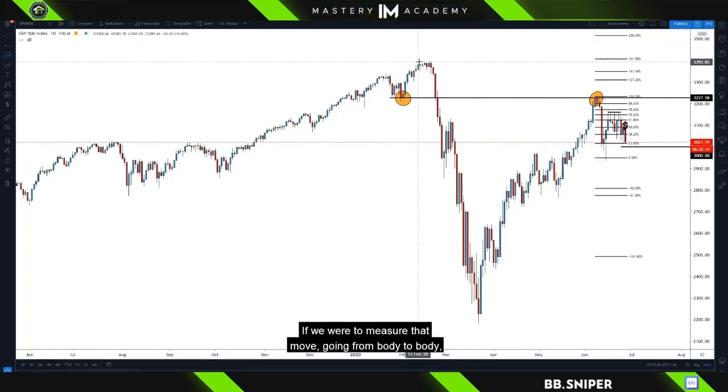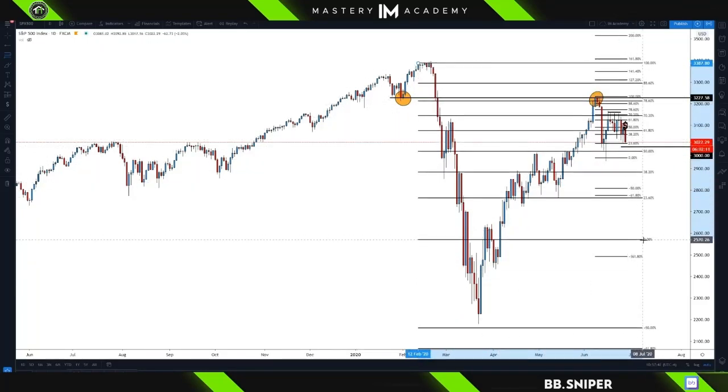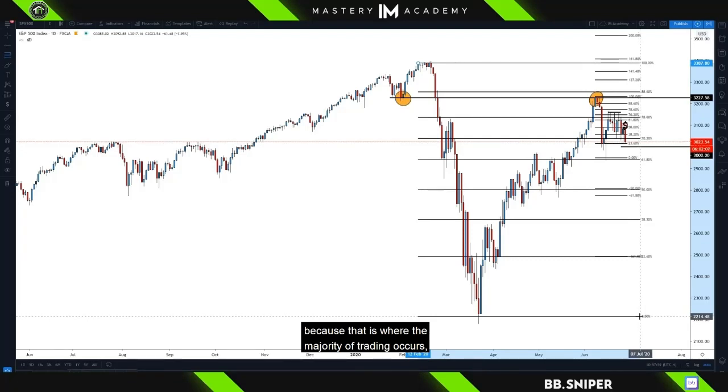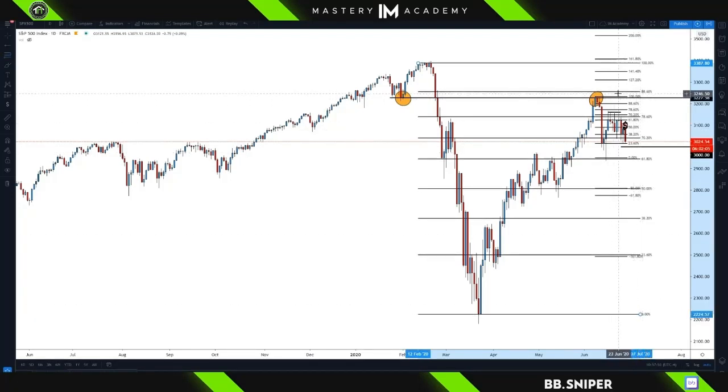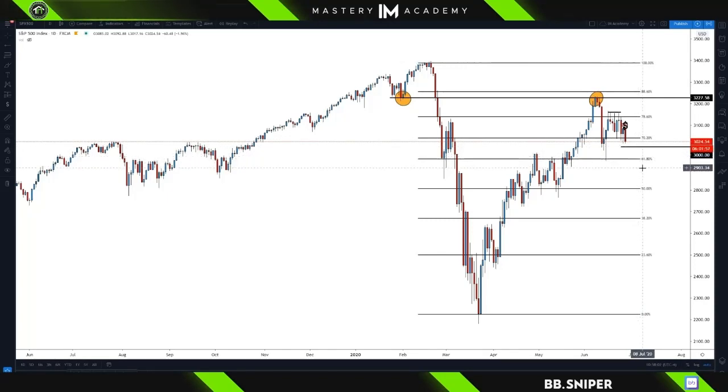If we were to measure that move, going from body to body, because that is where the majority of trading occurs, we'd be able to identify certain Fibonacci levels.